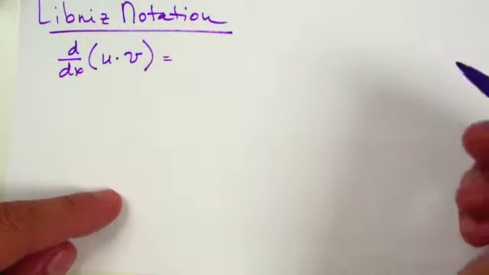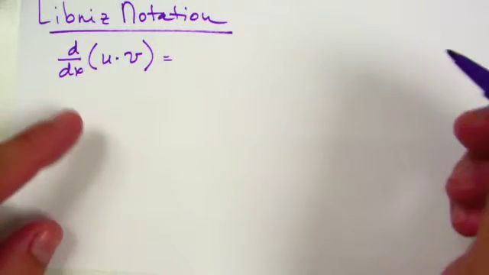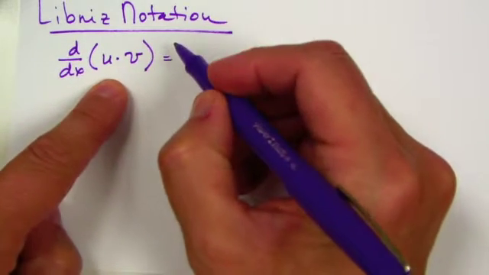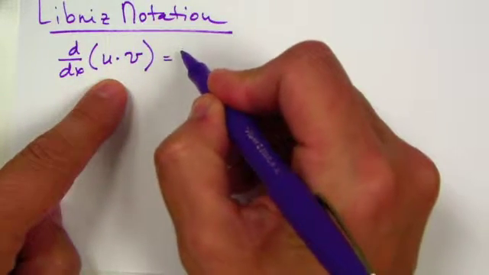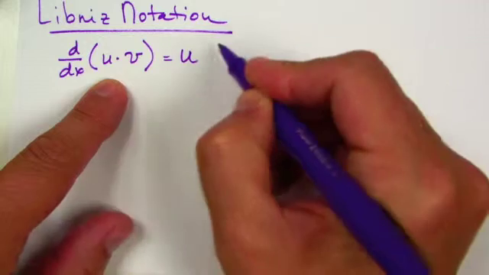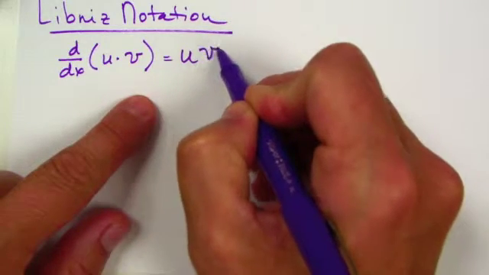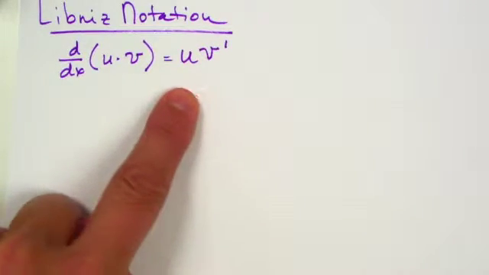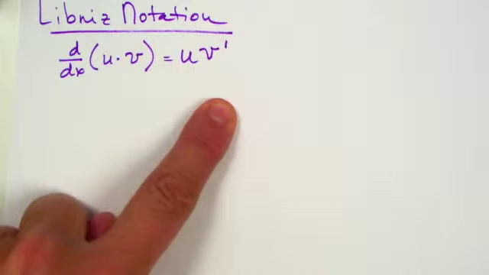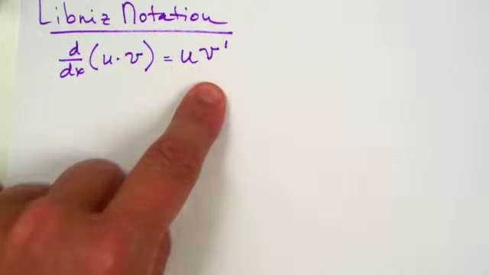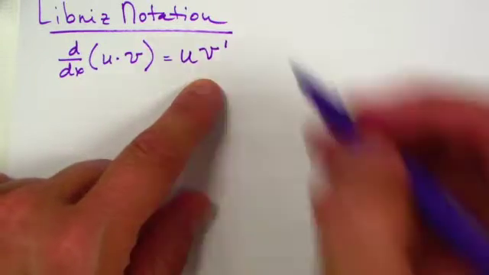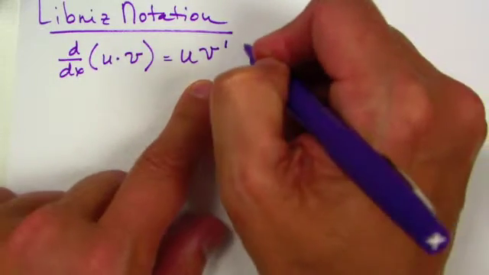So the product rule says that I do what? The first times the derivative of the second. So I'm going to write u v prime. First times derivative of the second. What sign? Plus.